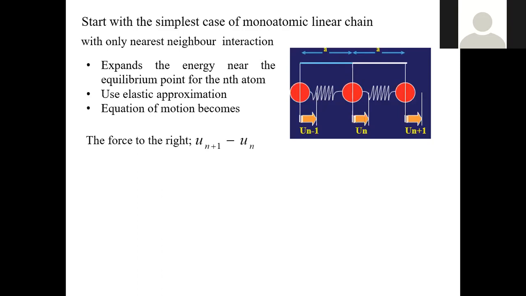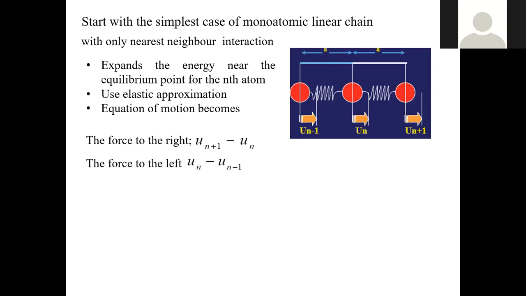So the difference in their displacement, un plus 1 minus un, will be the distortion due to the right-hand side atom. Similarly, the force to the left is due to the distortion un minus un minus 1. So these are two distortions, due to the right-hand side atom and due to the left-hand side atom.